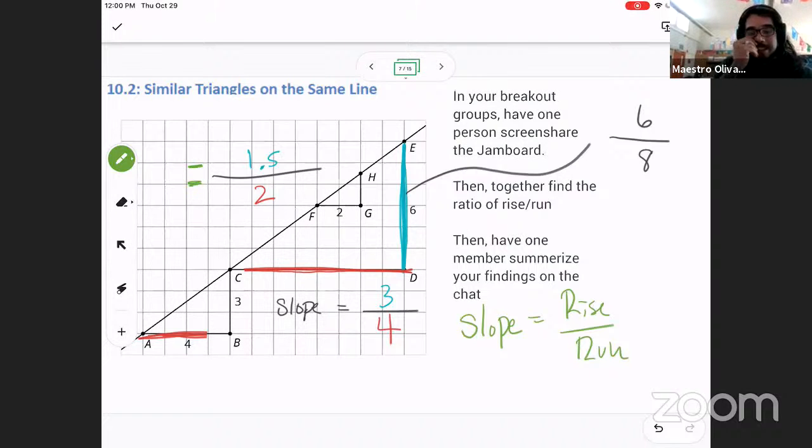So what Angel said, and I'll say it again, all he did was divide the two numbers with a calculator. He got 0.75 here, he got 0.75 here, and he got 0.75 here. Those three fractions gave him the same number.